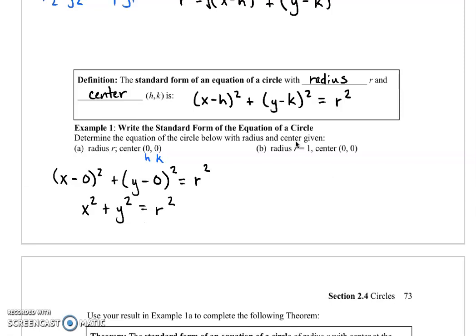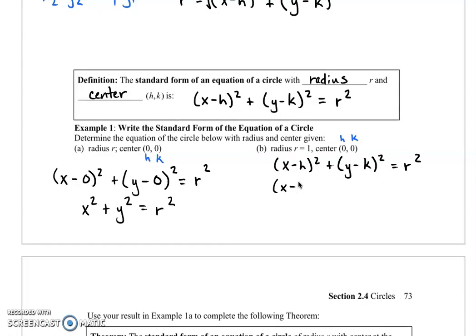Now they're telling us our radius is 1, but our center is still at (0, 0). So here we have h and k. (x minus h) squared plus (y minus k) squared equals the radius squared. Now we can plug in for h, k, and the radius.